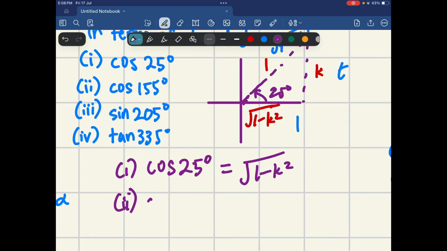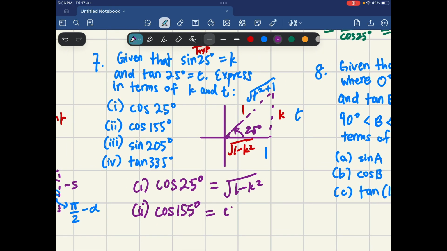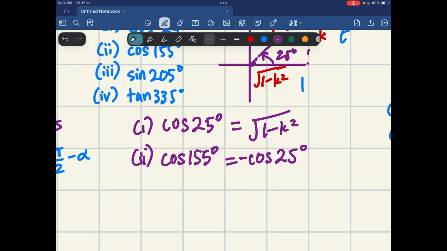Part 2 is cosine 155 degrees. This will equal minus cosine 25 degrees. If we draw it out, here will be 25. But it's minus because it's in the second quadrant.